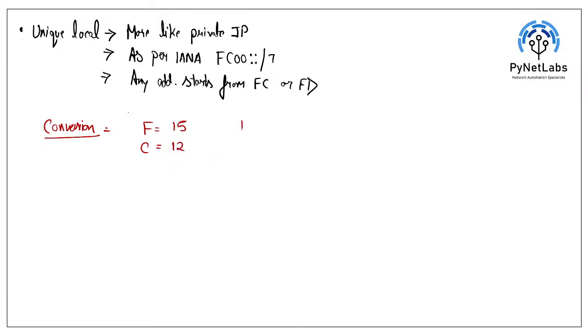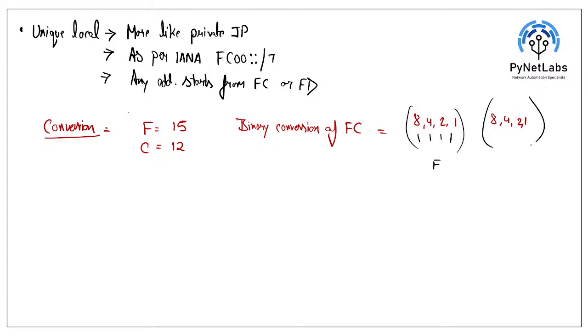Now we will see the binary conversion of FC. We use the same 8421 and again 8421. When we convert the value of 15, we say 1111, so this is the conversion of F, and for C it will be 1100.